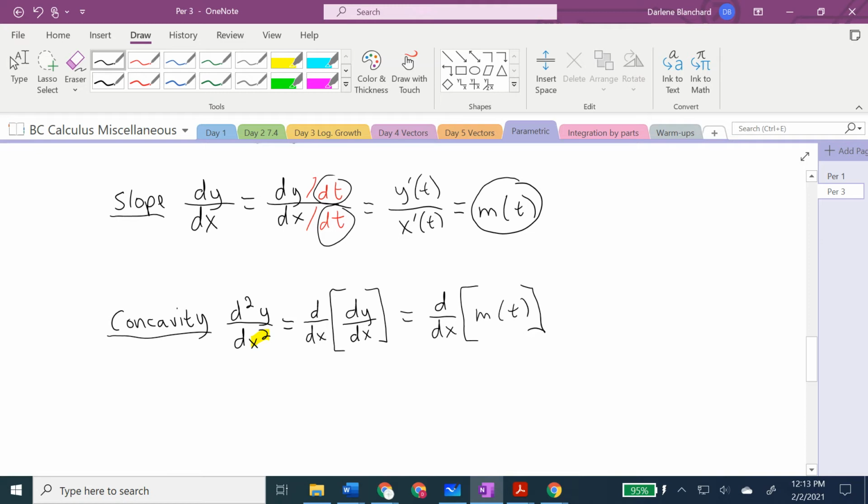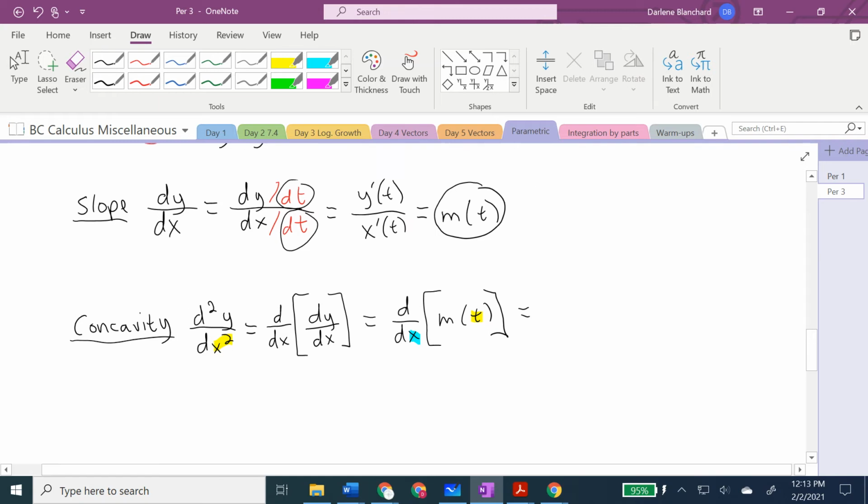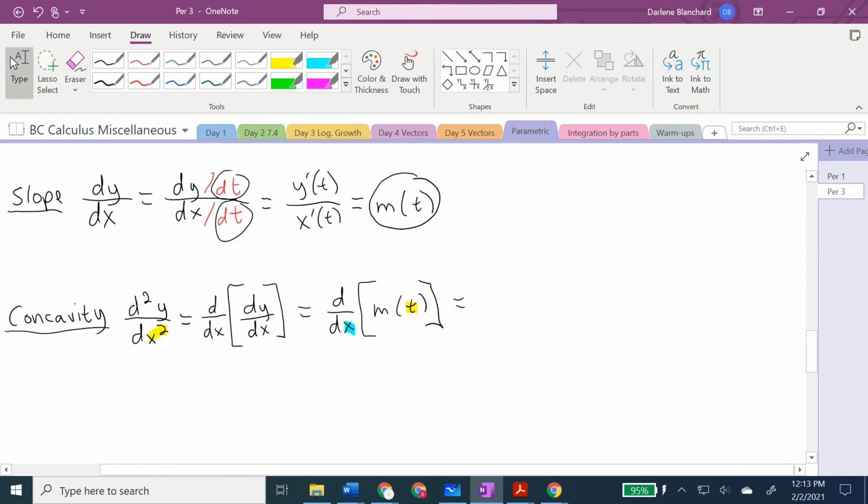When I have it written this way, you can see a little bit more the fact that you have a function with a t variable and you need to take the derivative with respect to a different variable. So how do you do that? And remember, it's the chain rule.